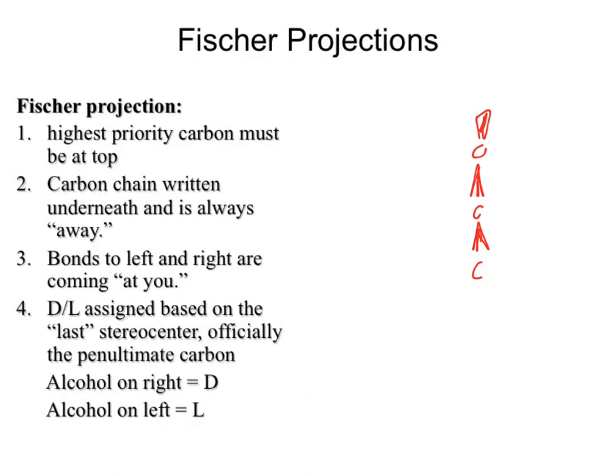In that orientation, that's technically not the Fischer projection. So it's not just that our carbon chain falls on the vertical axis. It's that each of those carbons must be behind the previous carbon. It has to be organized such that it is away.